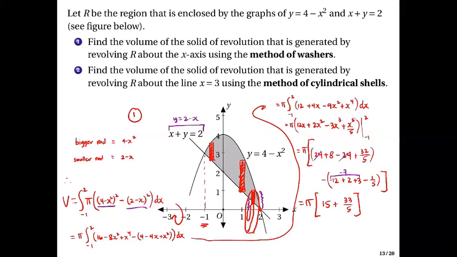And then 15 times 5, that's 75. So we will have here pi times (75 plus 33) over 5. So this is just 108 over 5 pi.